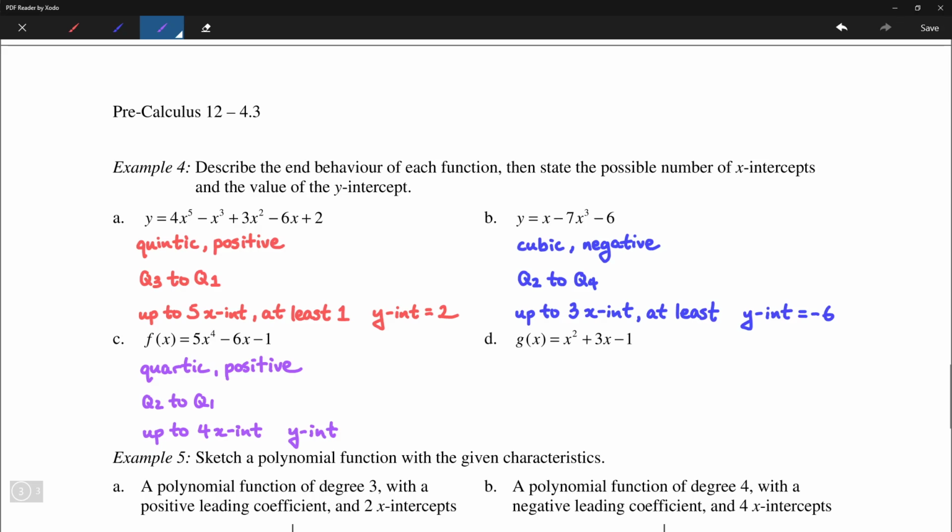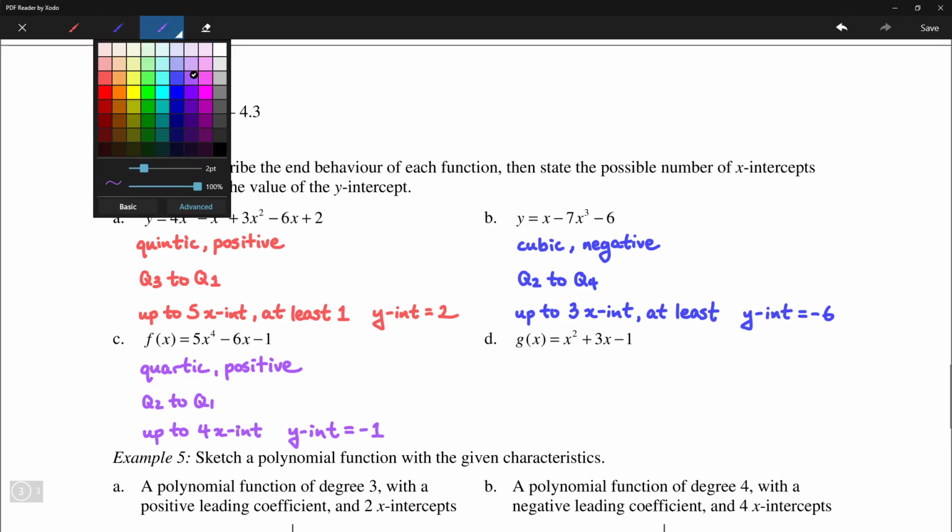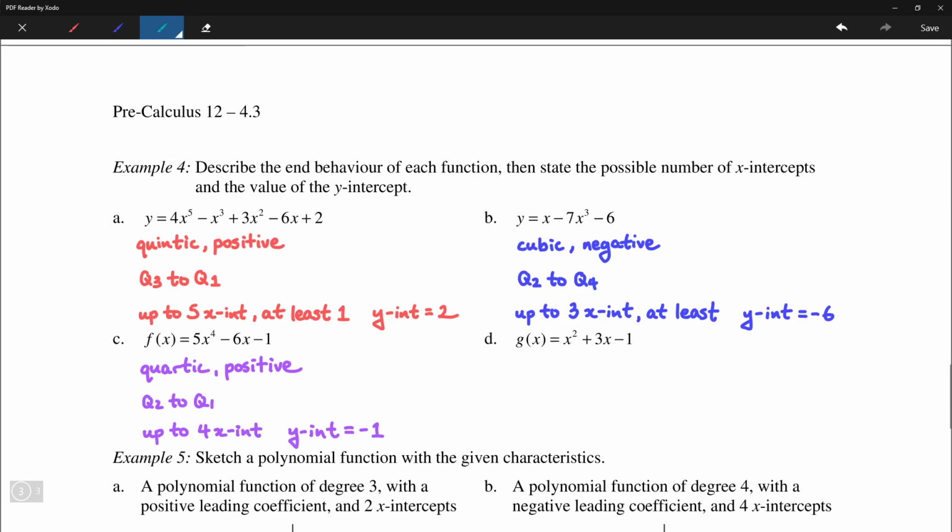All right. Finally, the last example here. This is a simple quadratic. You might have graphed this before already. And again, it is positive, since the x squared is positive.